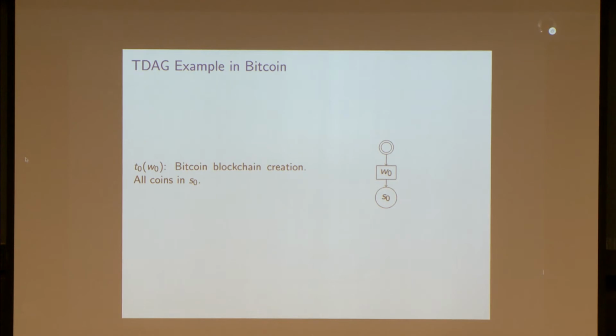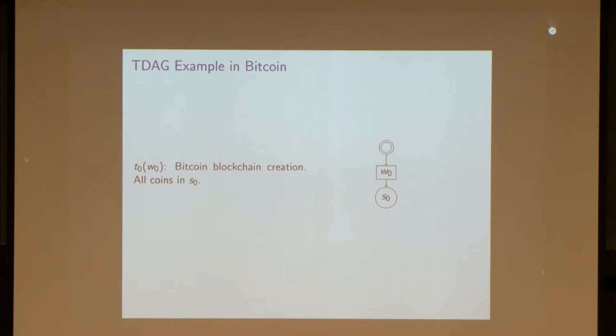So let me recap this model with an example of execution in Bitcoin. So we can have one transaction, denoted here by T0, where the Bitcoin blockchain is created, and all the coins are represented in a state here named S0. And this is a design decision that we make in our model to have an initial state, in this case S0, that has all the assets or all the coins, such that we can later argue about them in the rest of the model.